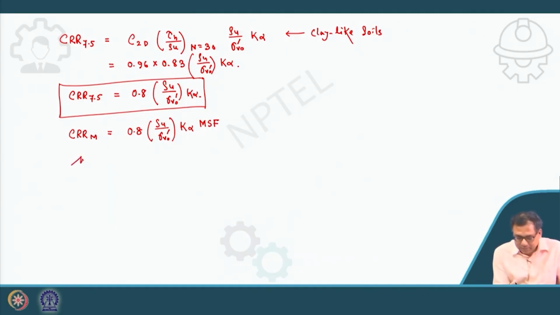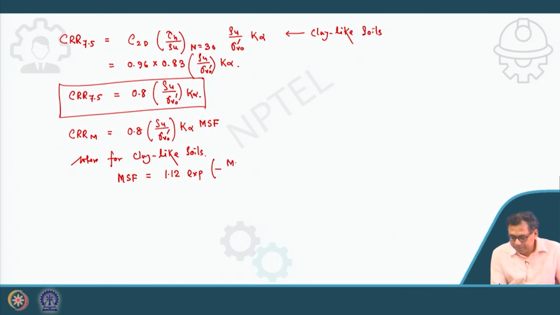Now for clay-like soils, your MSF is equal to 1.12 exp(-M_w/4) + 0.828, and that should be less than or equal to 1.13.